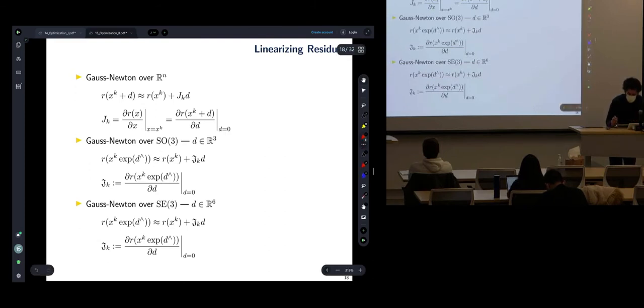So one problem is that we need to calculate the Jacobian for each decision variable by respecting its domain. If it's a point, we linearize it using the usual first-order Taylor expansion, and that will give us the Jacobian, which is the partial derivative of the residual with respect to that decision variable.